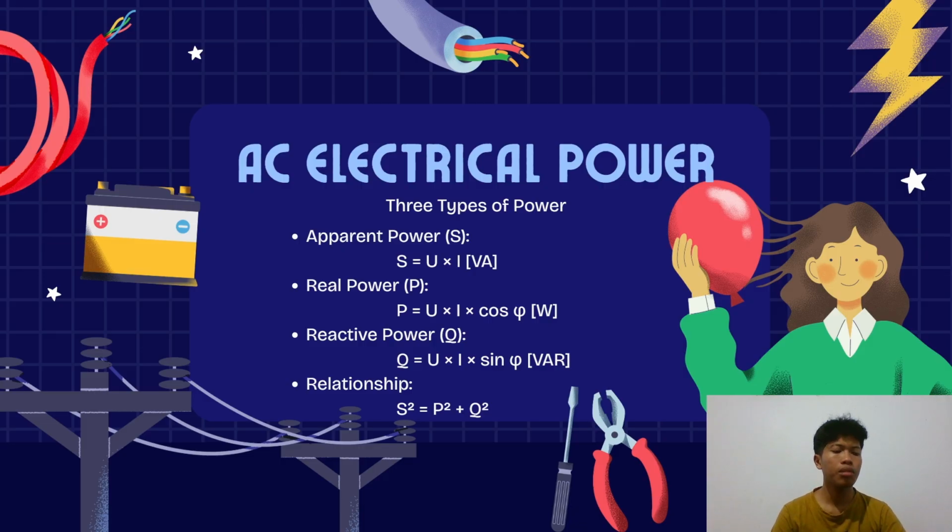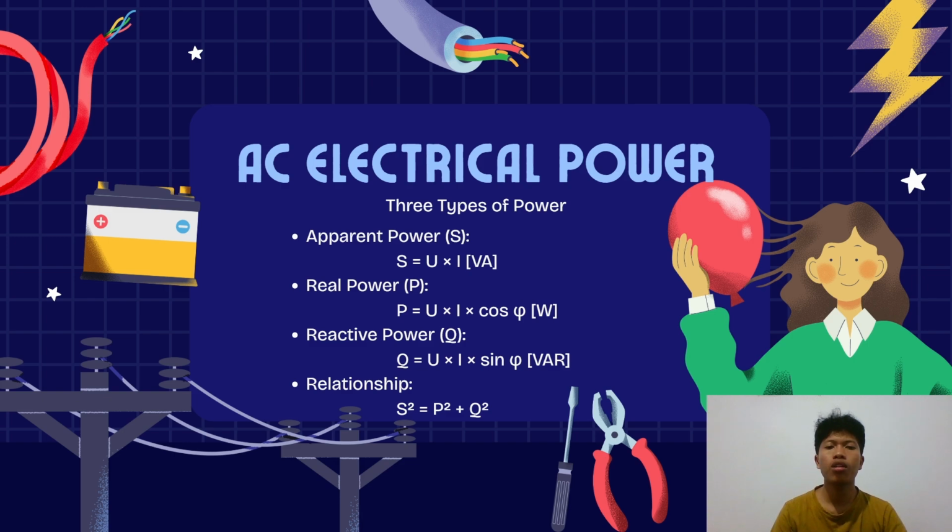AC electrical power has three types of power. Apparent power S is S equals U times I, in VA.